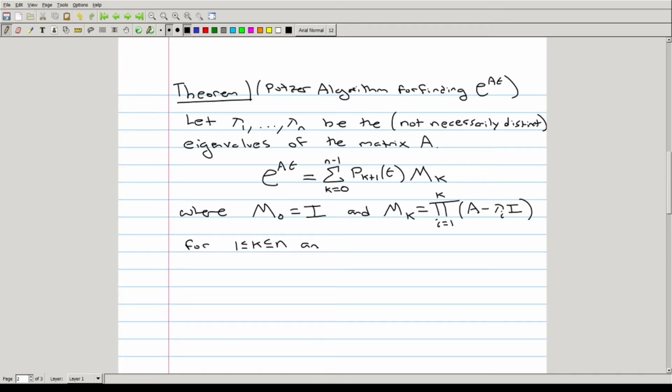And the vector function p of t is p1 of t, p2 of t, and so on and so forth to pn of t.